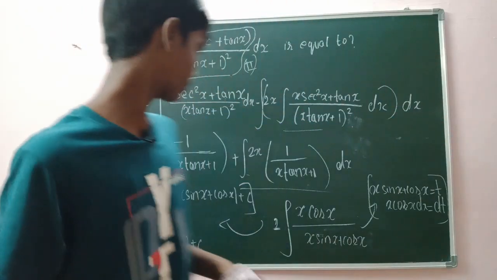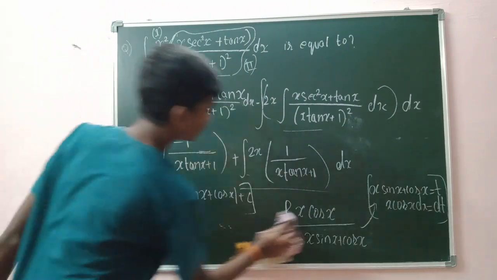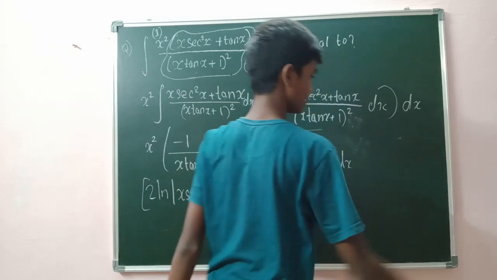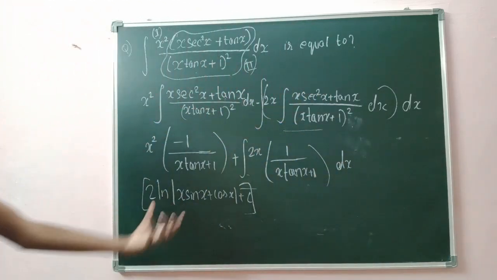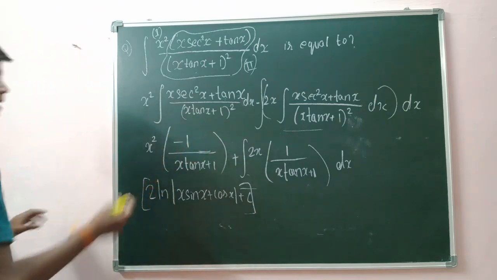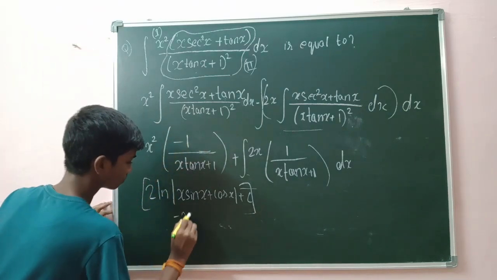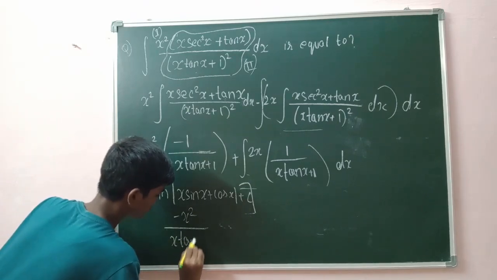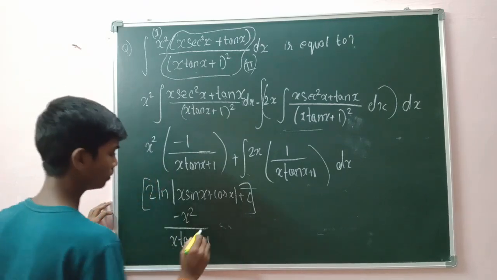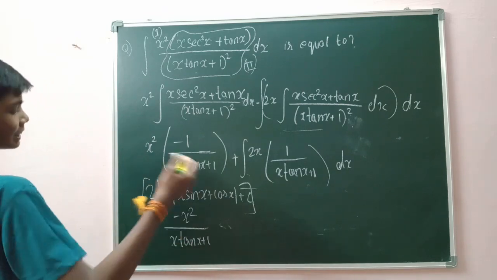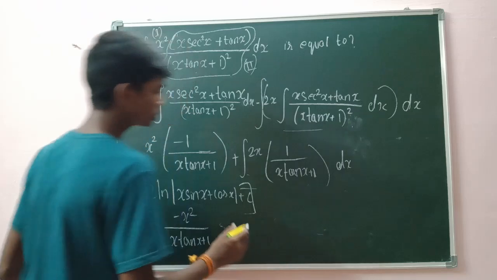And now let's put the value of this integral as this particular expression. Okay, so we are having x squared into minus 1 is minus x squared by, plus 2 times ln of x sin x plus cos x plus some constant.